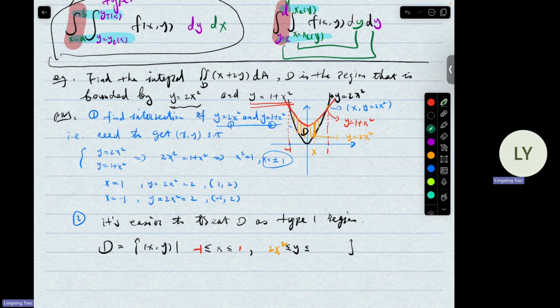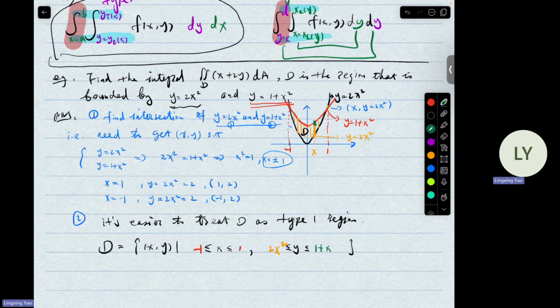And then the upper bound on this vertical line will stop at this point. As we said, this point is on the curve y equals 1 plus x squared, which means the y coordinate on this curve is always 1 plus x squared, determined by where you drew this vertical line.